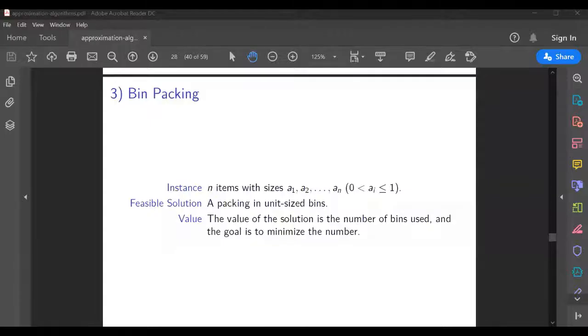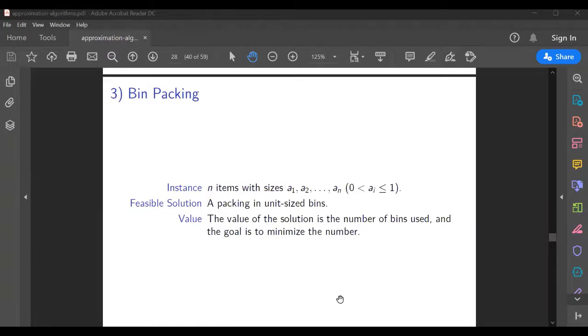So the problem is like this. You have n items of sizes A1, A2, A3, up to An, where each size is less than or equal to 1. That means it may be 0.1, 0.5, 0.7, like that.